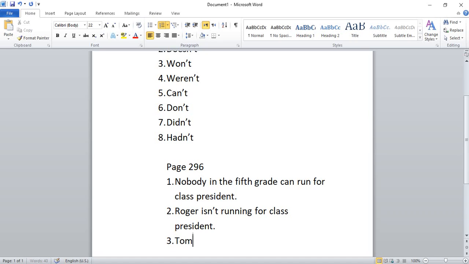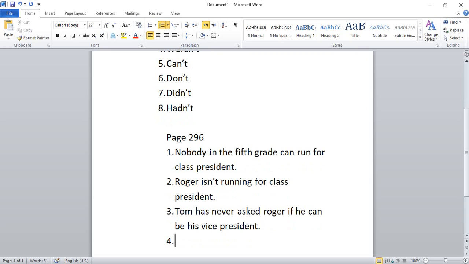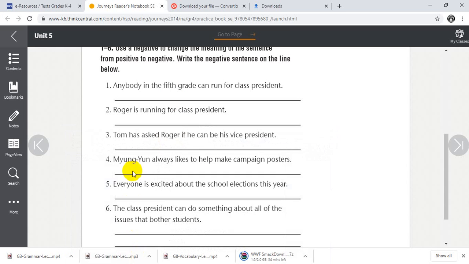Say Tom has never asked Roger if he can be his vice president. Alrighty. Number 4. Myung-Yoon always likes to help make campaign posters. Or we can say Myung-Yoon never likes to help make campaign posters.